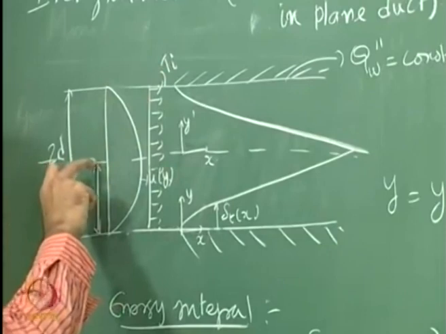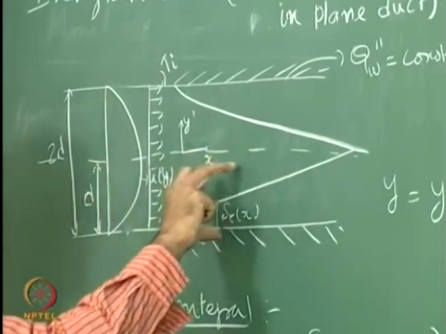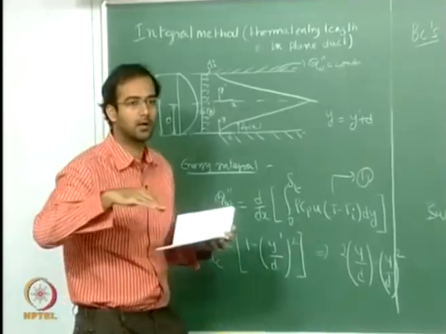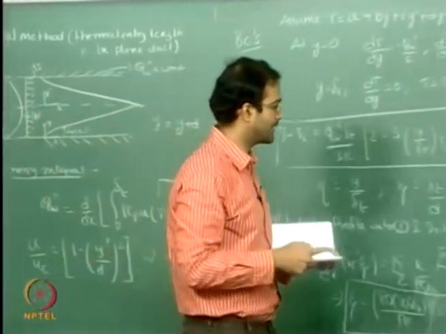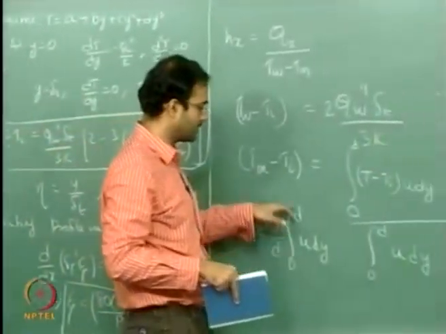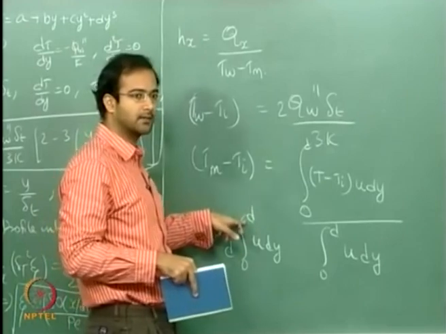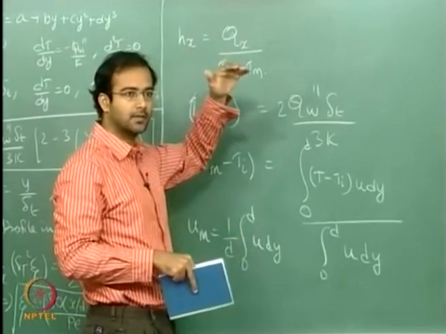Okay, so I am looking at the mean velocity which is basically affecting the thermal boundary layer growth on the bottom plate. Therefore I am concerned only with the region from 0 to d here, not the complete 0 to 2d.